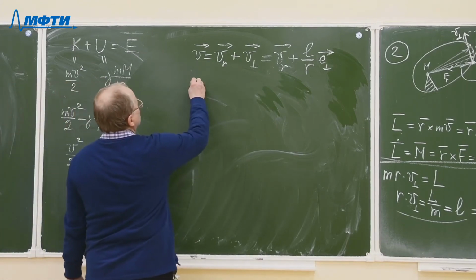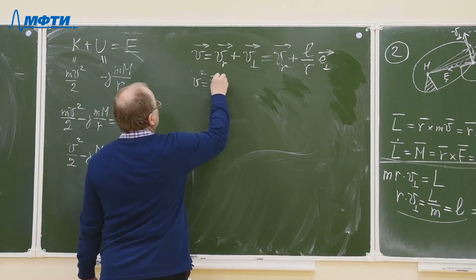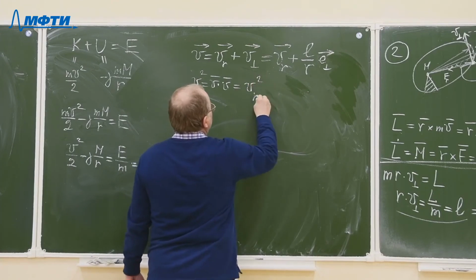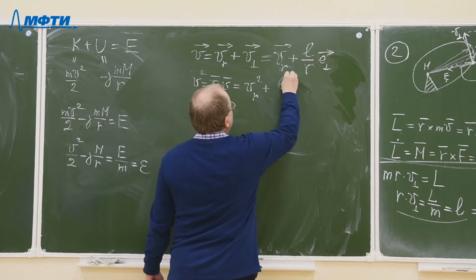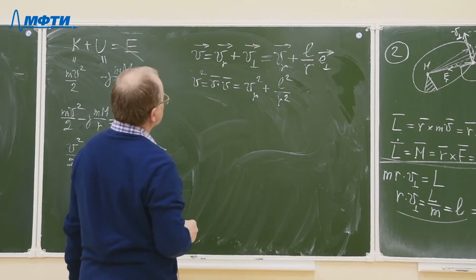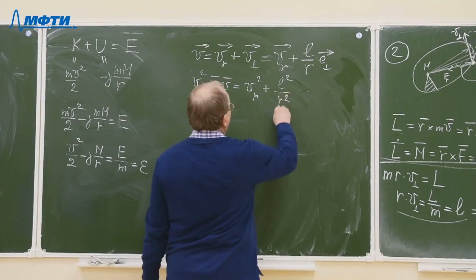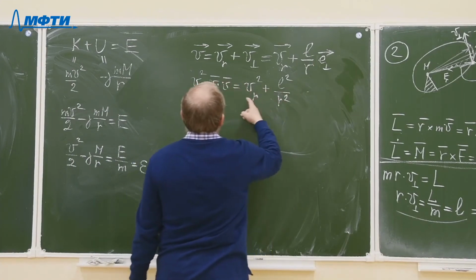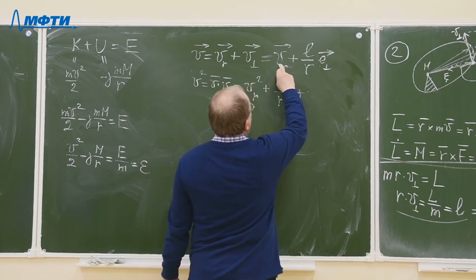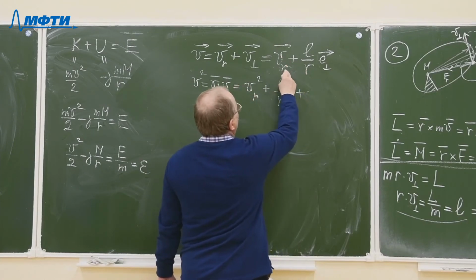So when I find the square of this velocity, v squared is the scalar product of V times V, and that will be the scalar product of the radial component of velocity, plus L squared over r squared, plus the scalar product of the radial component and the perpendicular component.